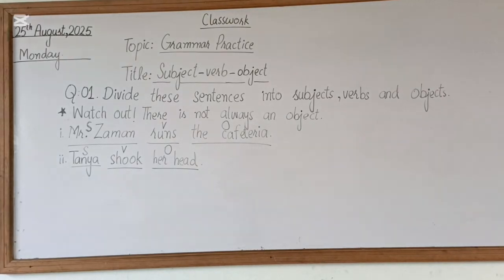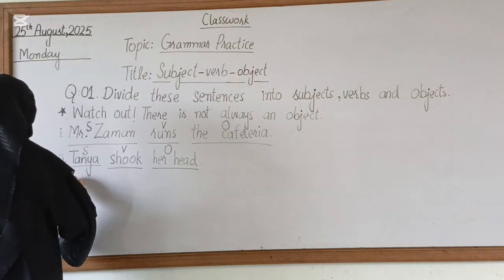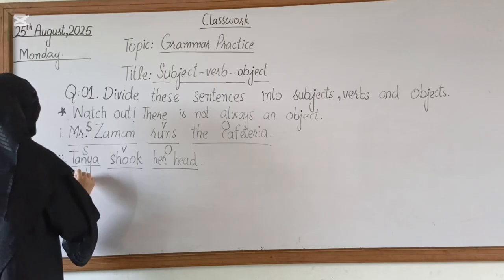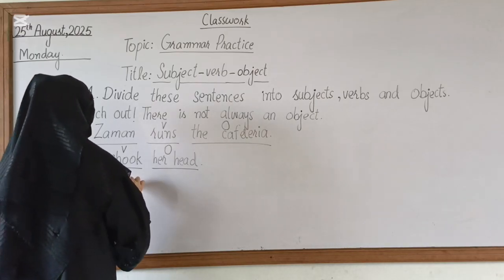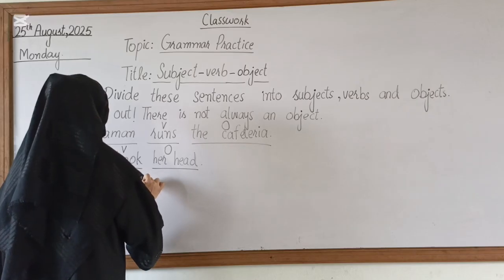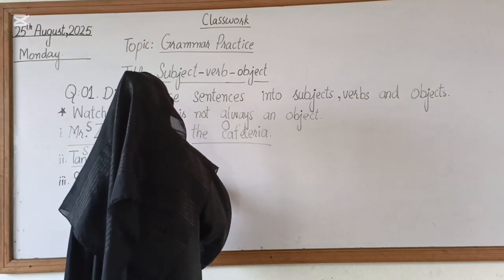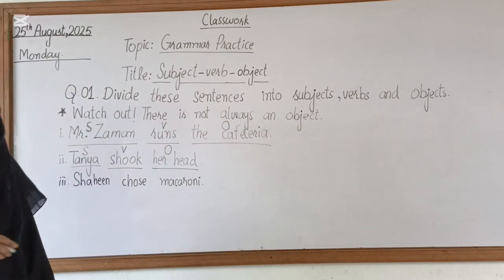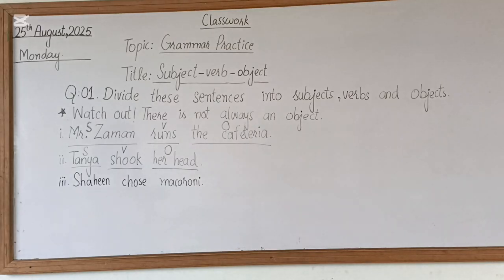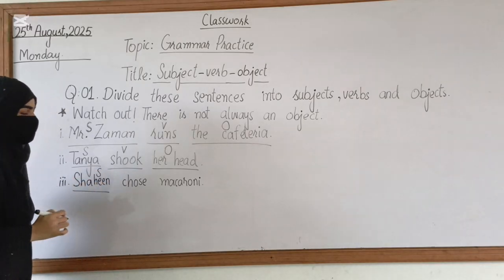The next sentence that we are about to cover is Shaheen chose macaroni. Okay. So, who is choosing the macaroni? Shaheen. Shaheen is doing the work, so Shaheen is the subject. Shaheen ने macaroni choose की. Shaheen ने क्या किया?